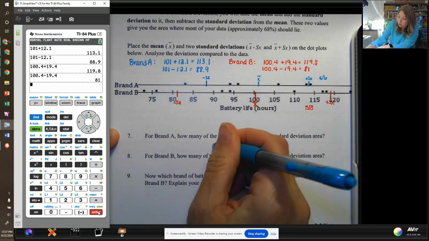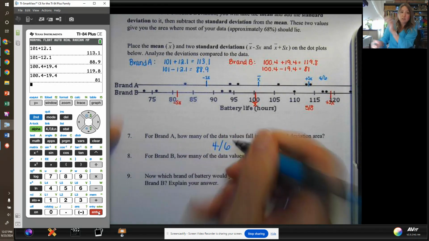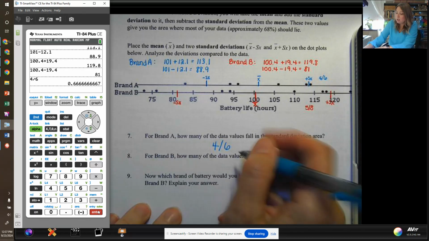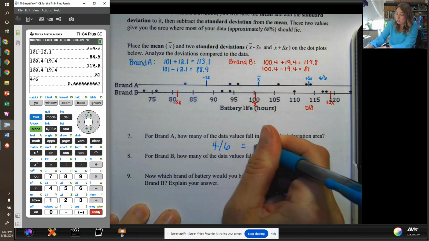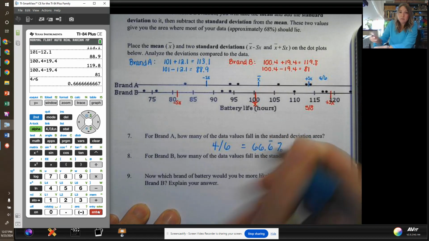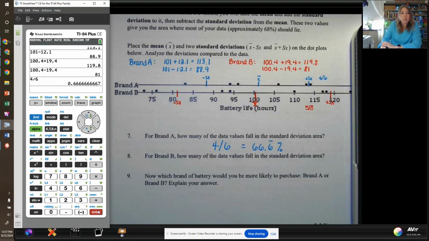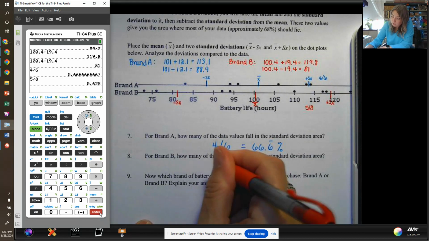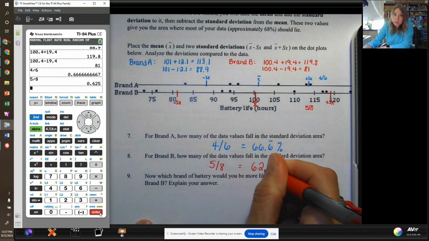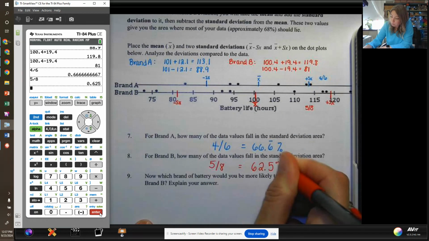Brand A is 4 out of 6, which of course, when we divide it out and get a percent, is 66.6%. And when we take brand B's 5 divided by 8 and find that as a percent, that's 62.5%.